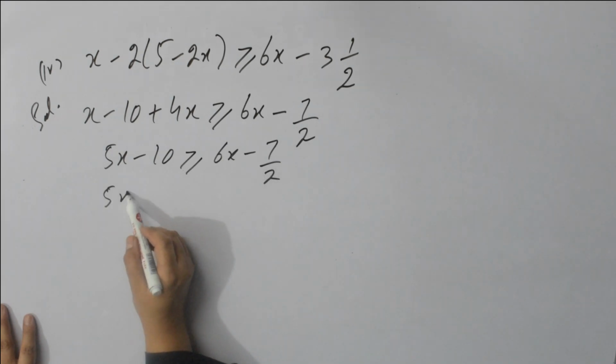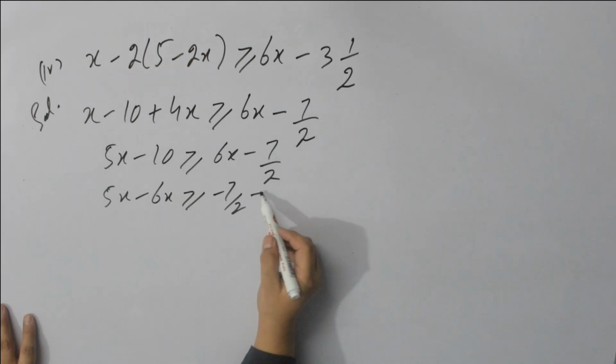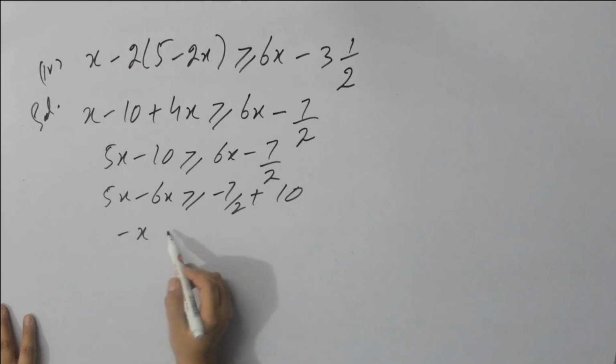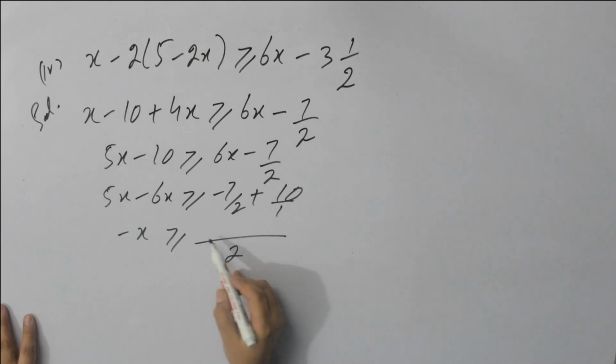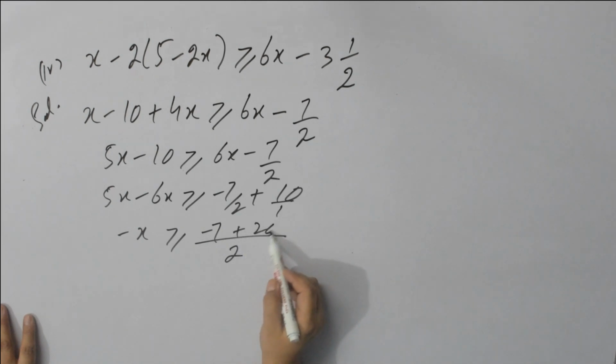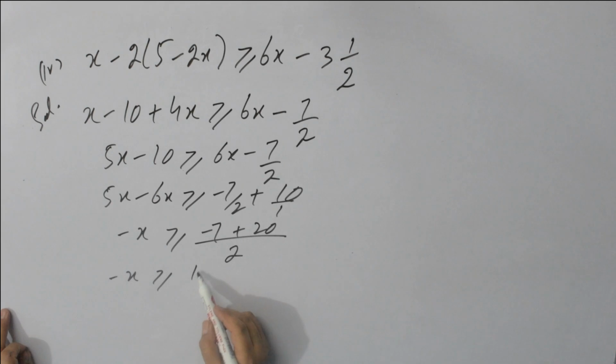Transposition, students: 5x minus 6x minus 7 by 2 plus 10 minus x is greater than or equal to LCM. You see LCM, minus 7 and plus 20, so minus x is greater than or equal to 13 upon 2.